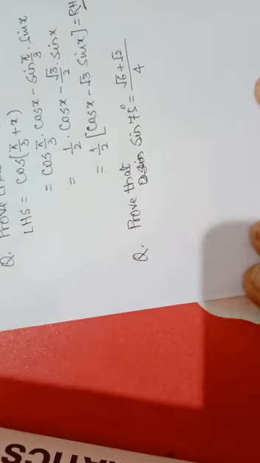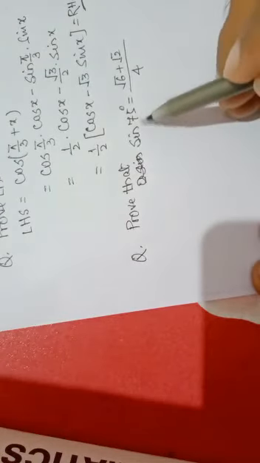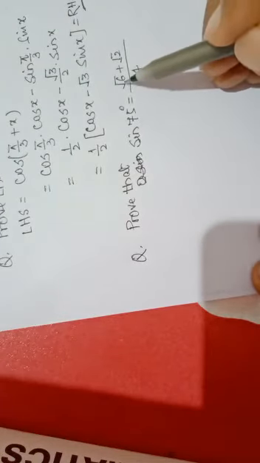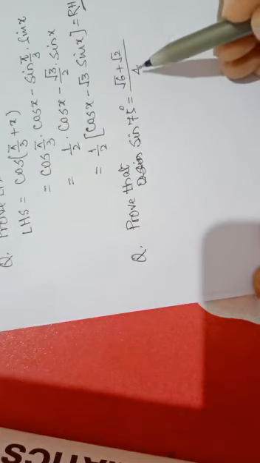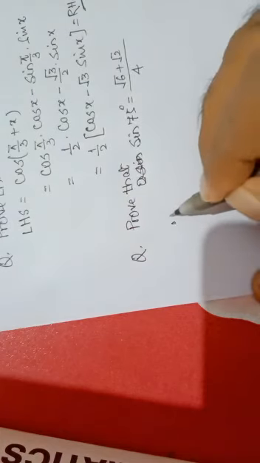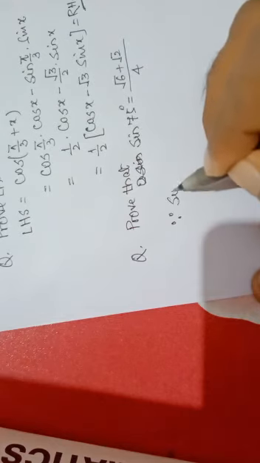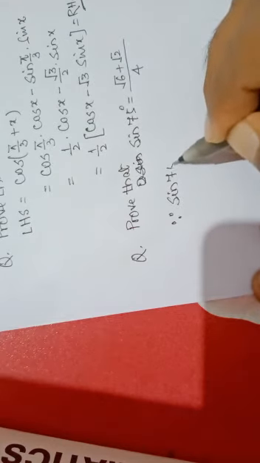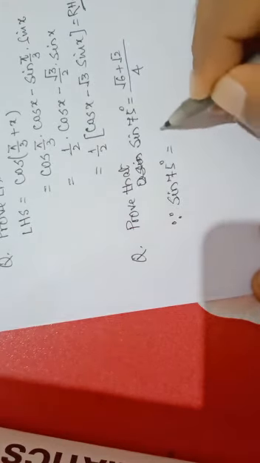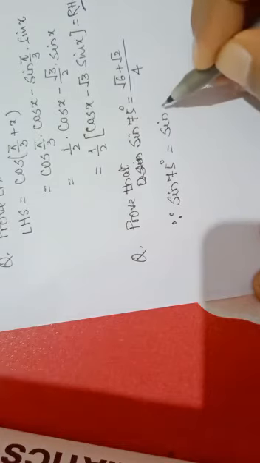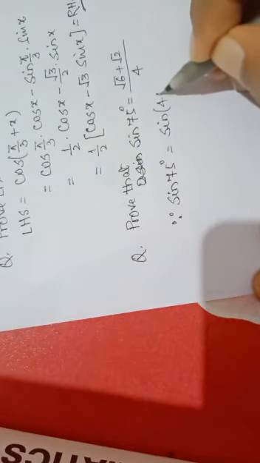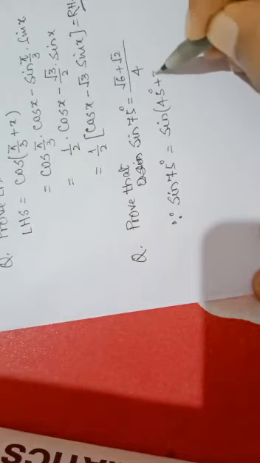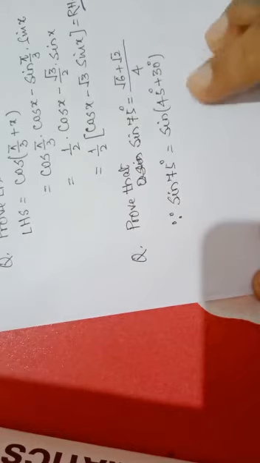Your next question is, prove that sin 75 degrees equals root 6 plus root 2 by 4. Since sin 75 degrees, 75 should be written as sin of 45 degree plus 30 degree, because we already know the value of 45 and 30.